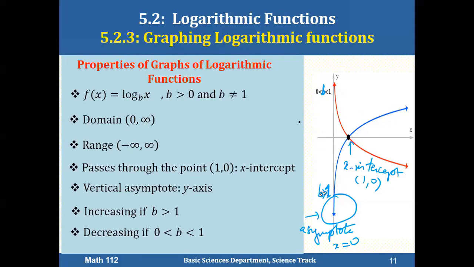Exponential increase is very fast, while logarithmic increase is slow. See here a small increase. So this is the graph of the log function on the domain 0 to infinity, which is very important, and we have the asymptote and the x intercept.